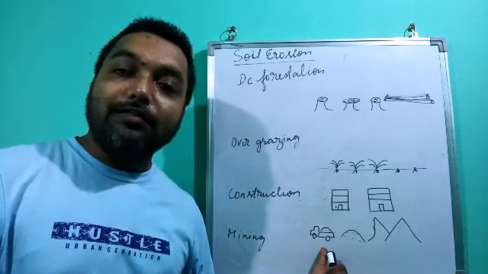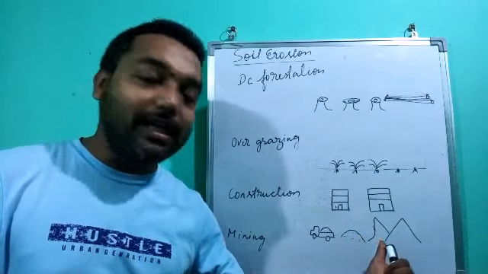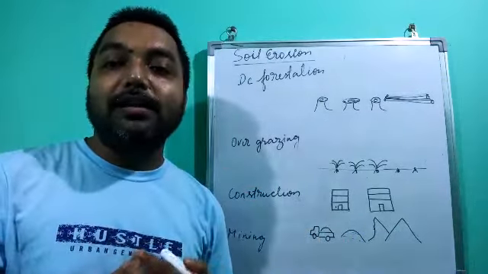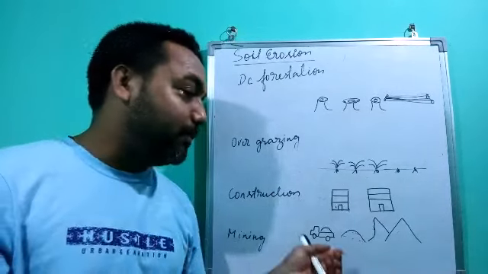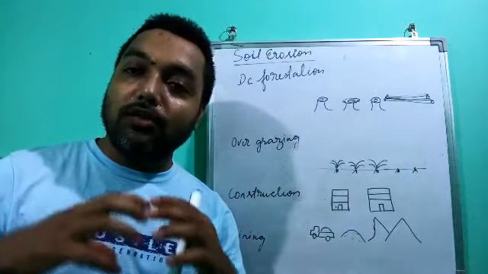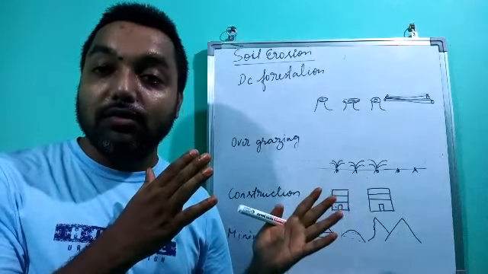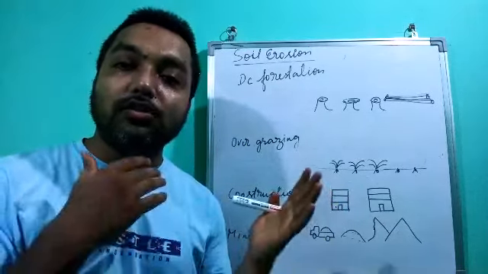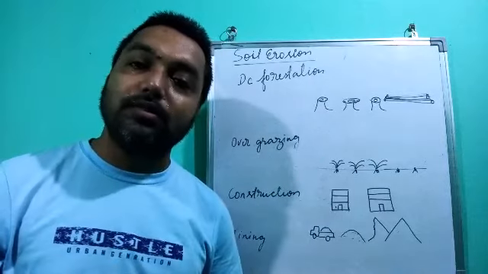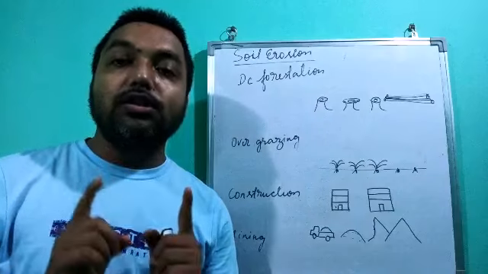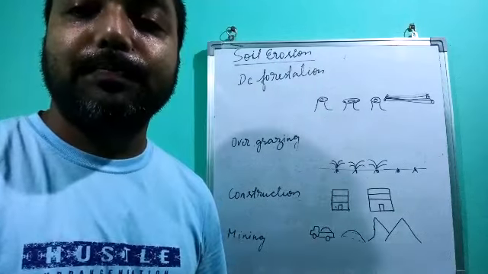In mountainous areas, mountains are cut down to take out different minerals that we find in the mountain. In these areas the land, or the soil, is totally eroded when rainwater falls. So these are some of the important points due to which soil erosion takes place.